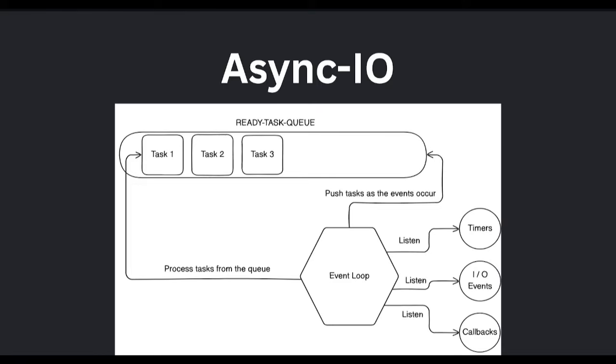Well, the coroutine executes, and it either reaches its end to finish the execution, or it hits a point where it must wait for an I/O operation, such as fetching data from an API. In both of the cases, the coroutine yields the control back to the event loop voluntarily.